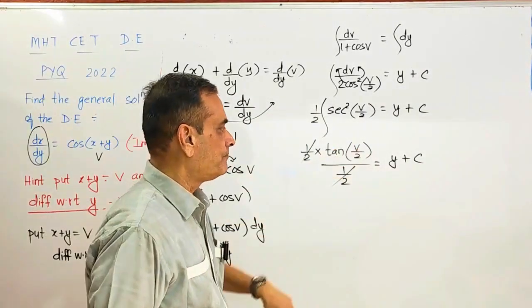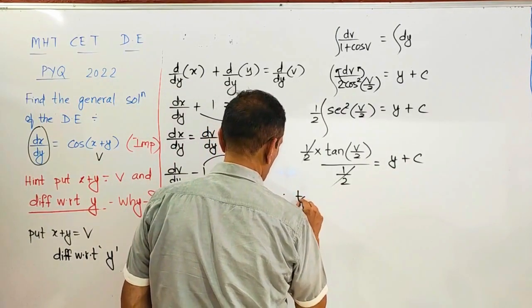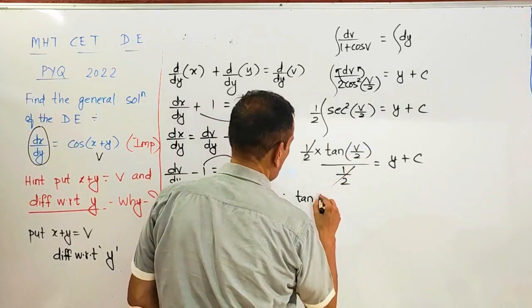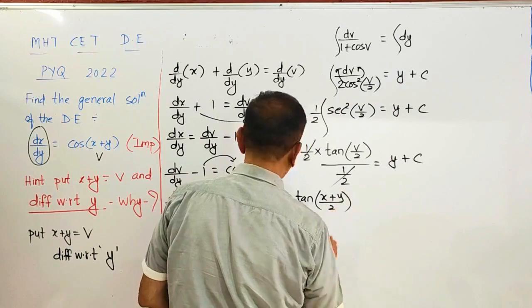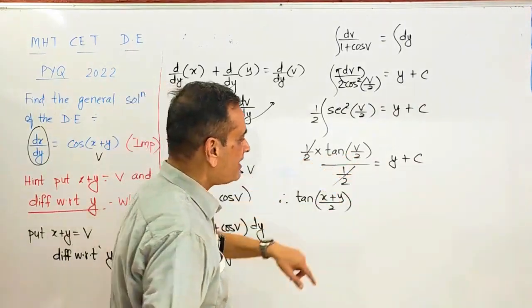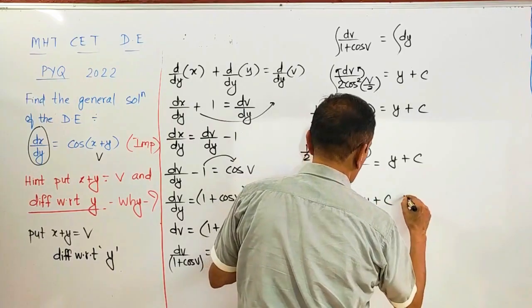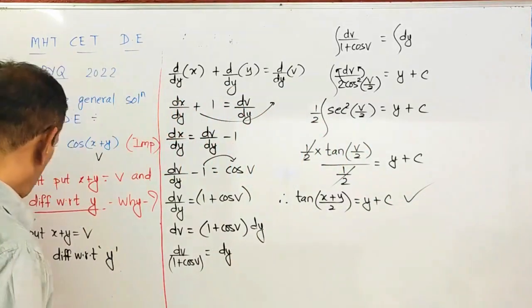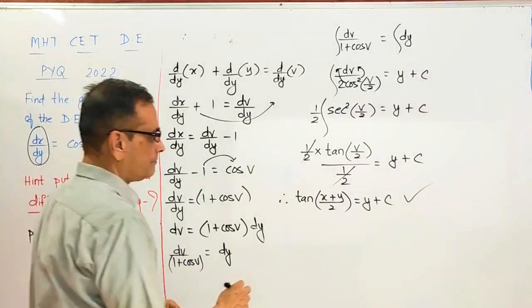Resubstitute the value of v. We have said v is equal to x plus y. So tan of x plus y upon 2 is equal to y plus c. This is our answer. Let me check the option. Yeah, that is the correct answer.